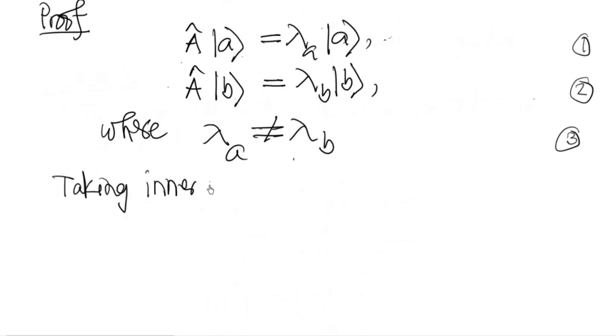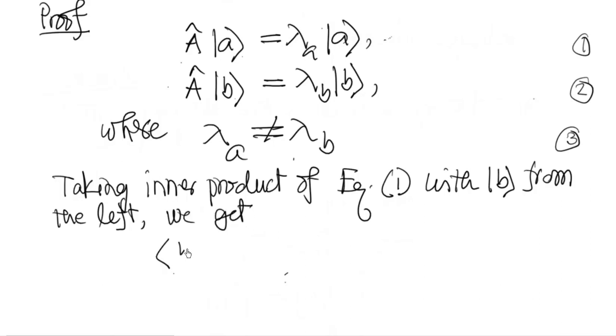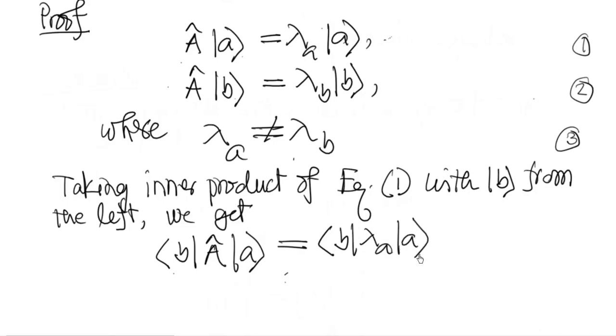Taking inner product of equation 1 with ket B from the left, we get bra B. Okay, let us suppose this is equation 4.